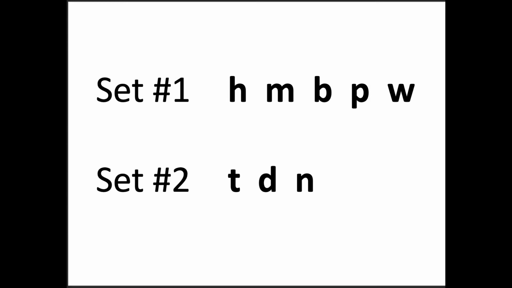After the child has successfully moved through all of the sounds in set 1, then you can move to set number 2 and go through the same exact process. Start with T in the initial position of words. Next, move to the medial and final position of words.